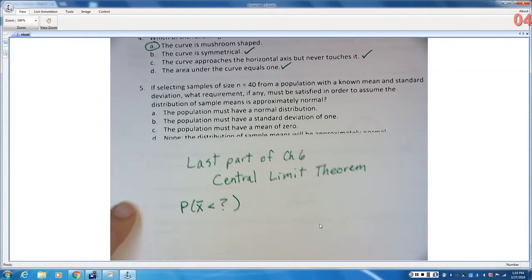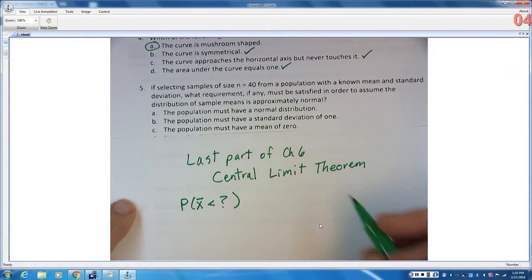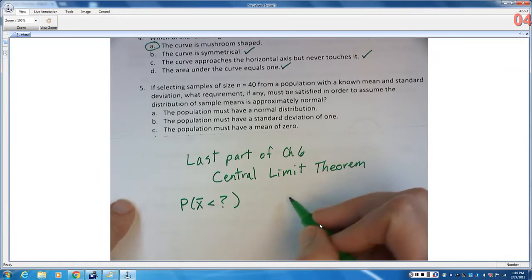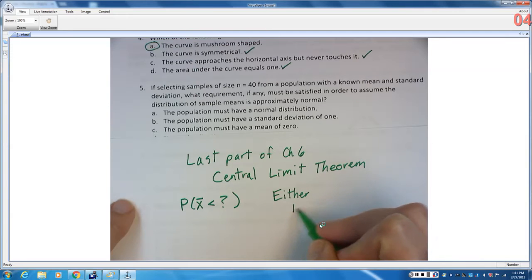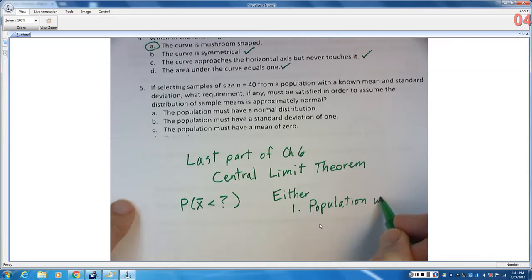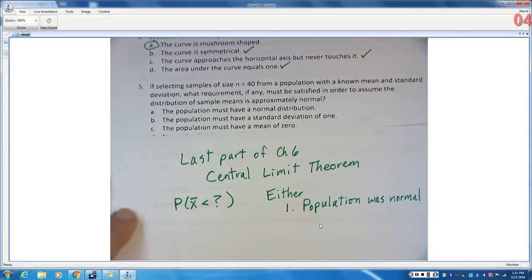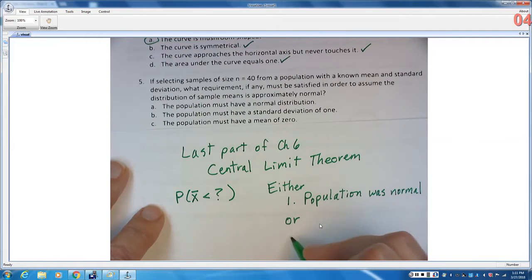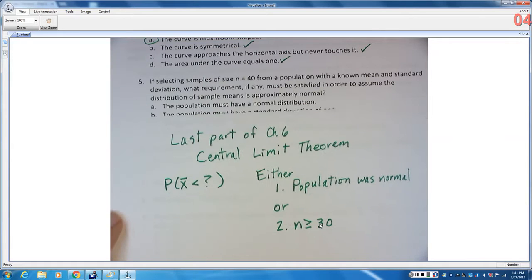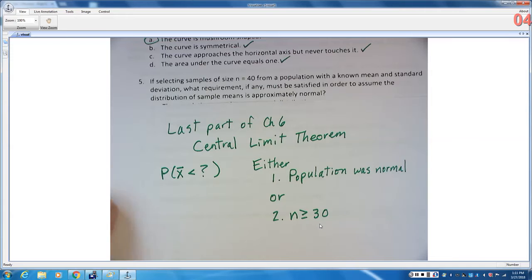In order to work a problem at the last part of chapter 6, either the population was normal, if the population was normal, then it doesn't matter the size of n, we could work the problem, or n was greater than or equal to 30. There was one example in the chapter 6 notes that said you can't work this problem. Okay?